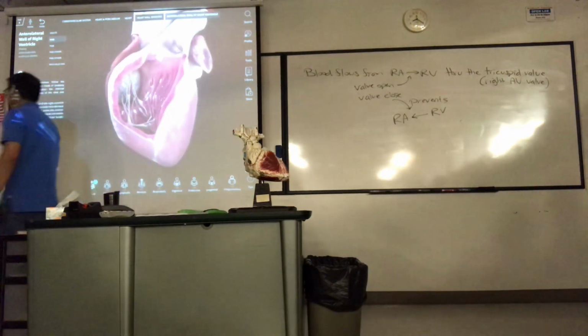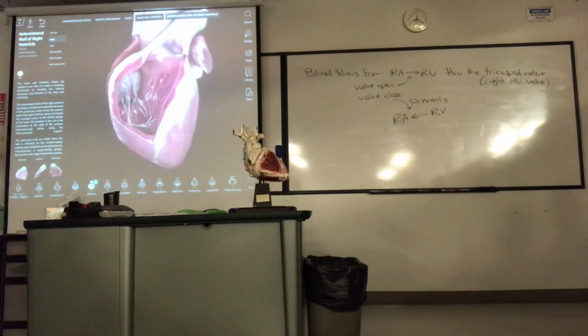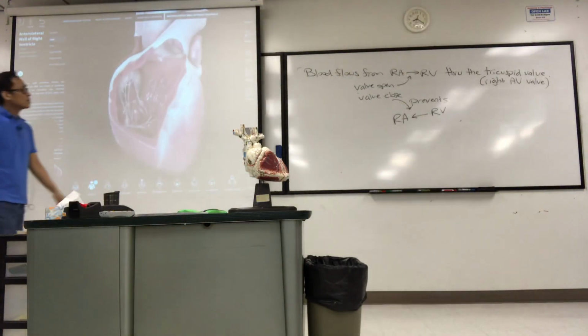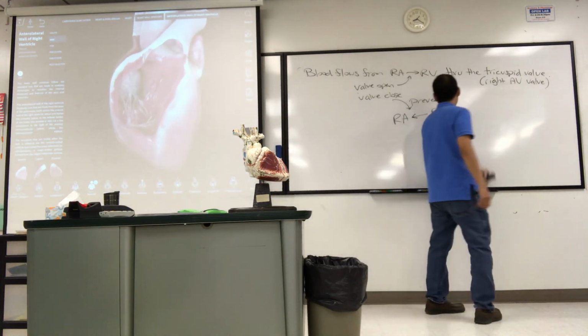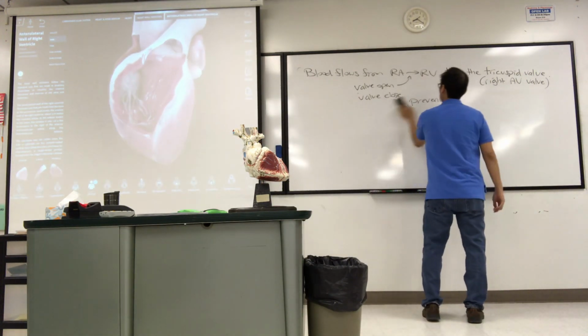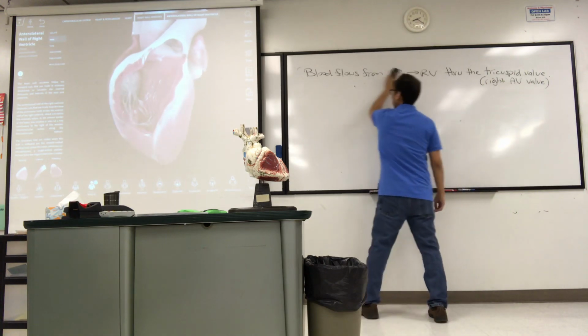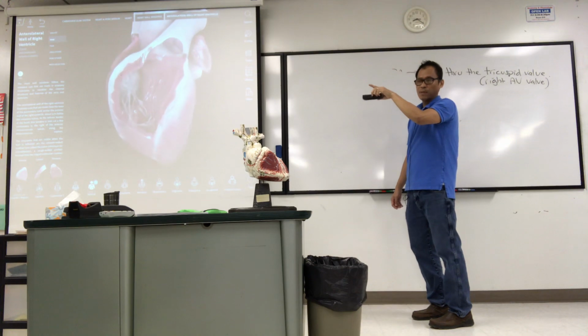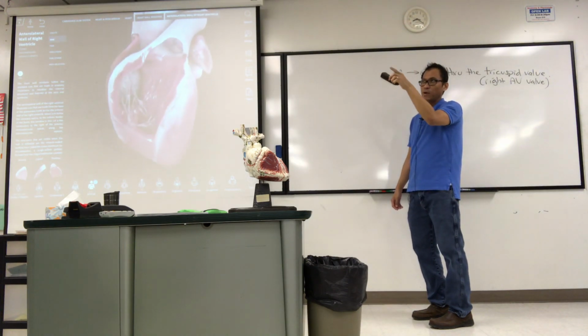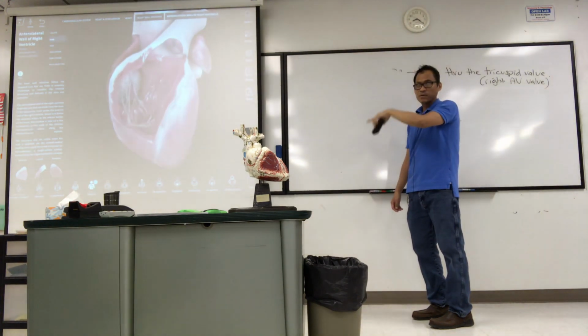So as you get into the right ventricle, so far we're a drop of blood. We're in the right atria. We go through this valve to the right ventricle.